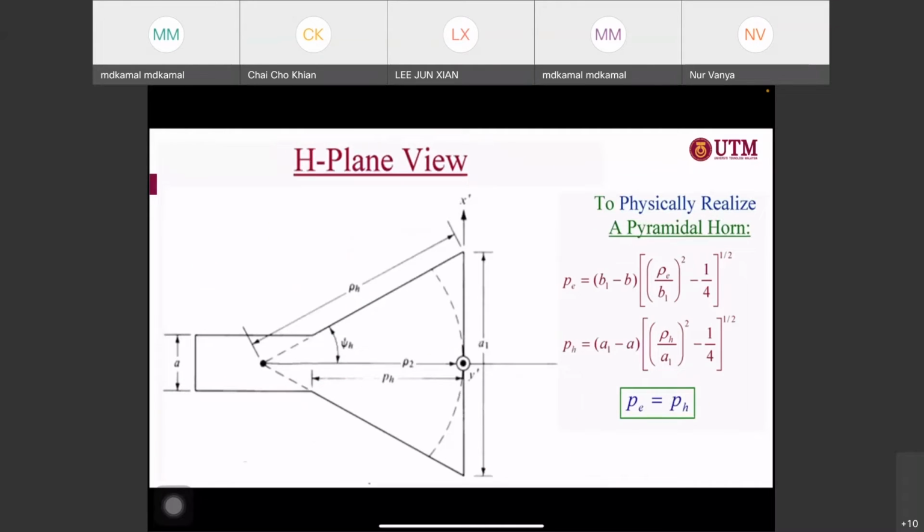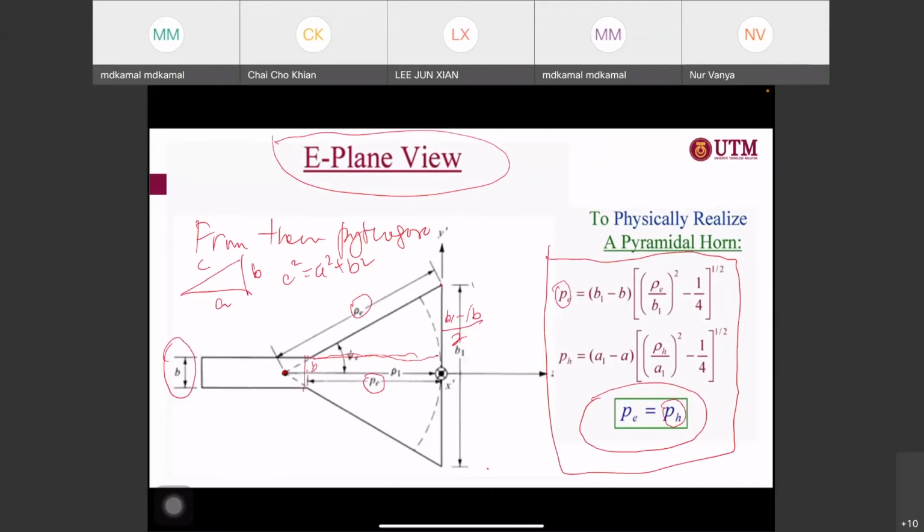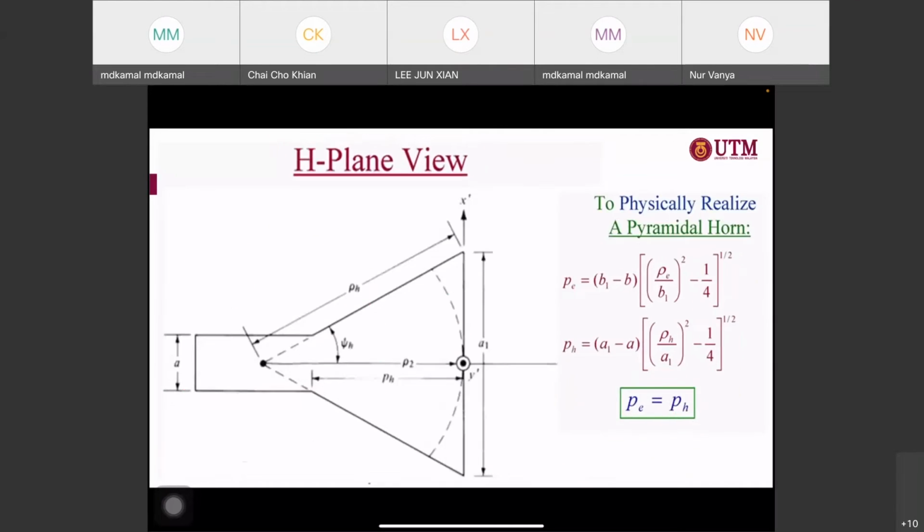The same thing applies for the H plane. Just now we looked at the E plane, and now the H plane is also the same thing. If you look at the picture from the top, we know that this is a, and then you also have A1, the same things that you can find from the E plane.